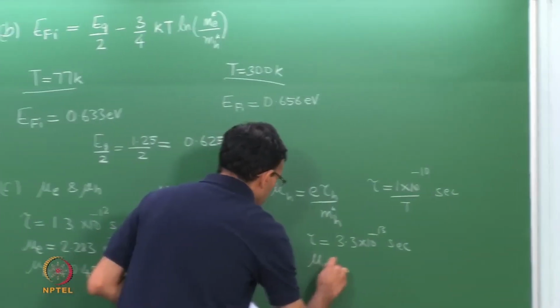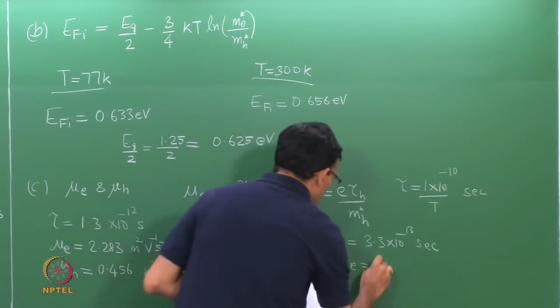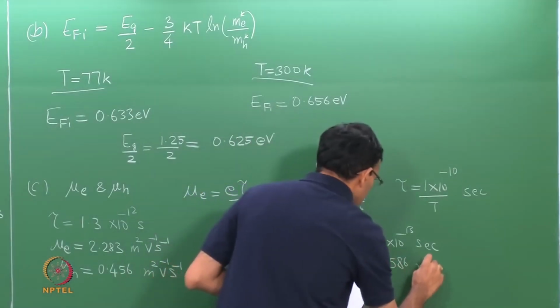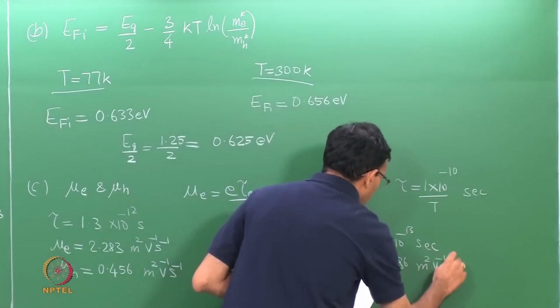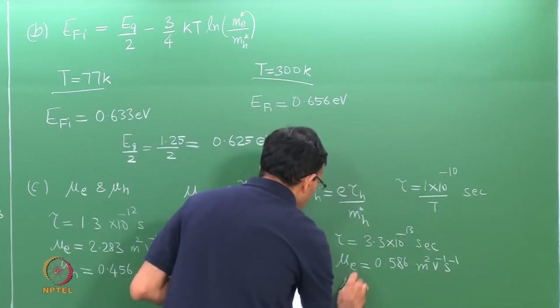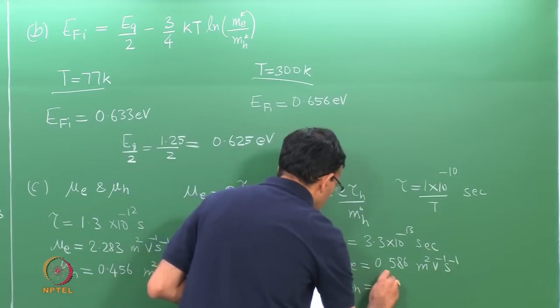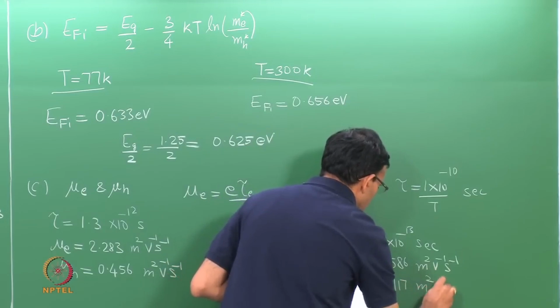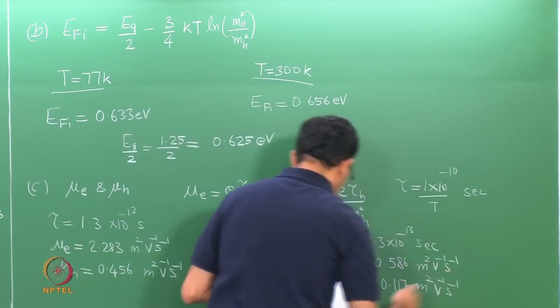Mu E is 0.586 meter square per volts per second, mu H 0.117 meter square per volts per second.